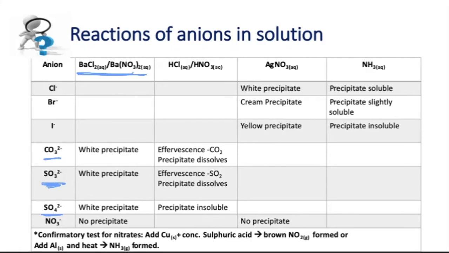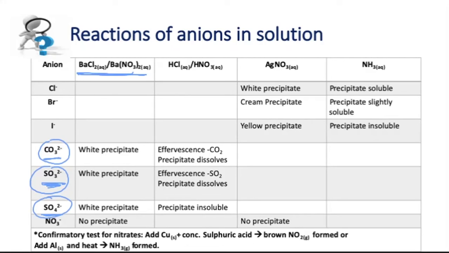If it dissolves, we would now test the gas that is evolved. So if we get a white precipitate to begin with, then it means that either the carbonate, the sulfite, or the sulfate anion would be present.